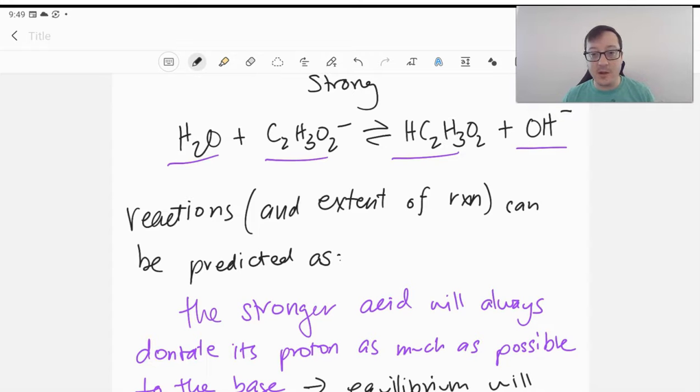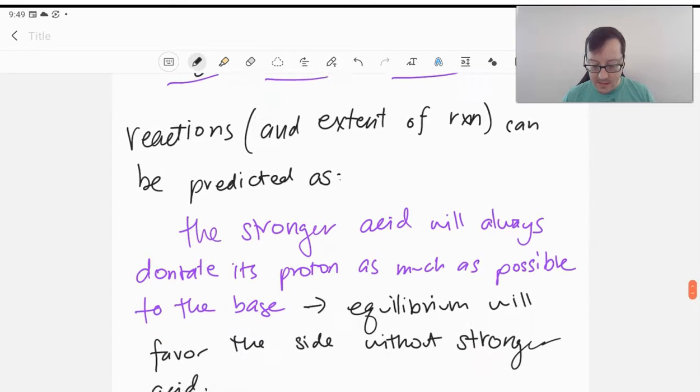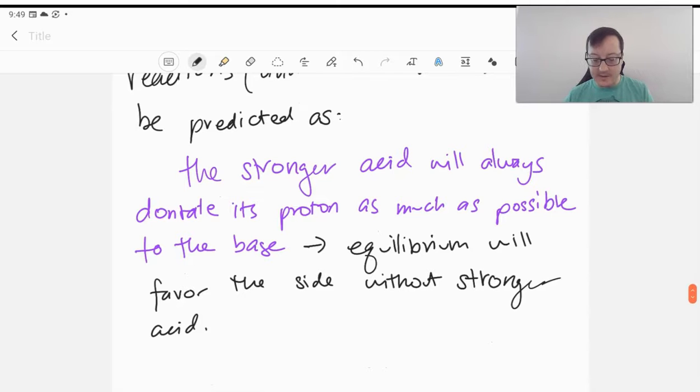Acetic acid is going to be our best bet here. And so, because acetic acid is on the right in that equation as written, the equilibrium will lie to the left. So it'll always be favoring the opposite side from where your strong acid is. Okay, so it's always going to be favoring that sort of transfer as well.